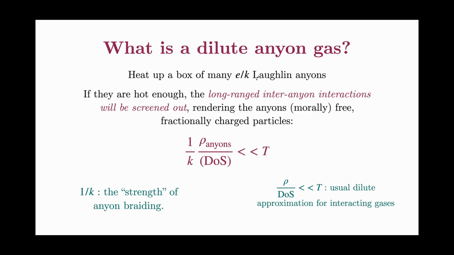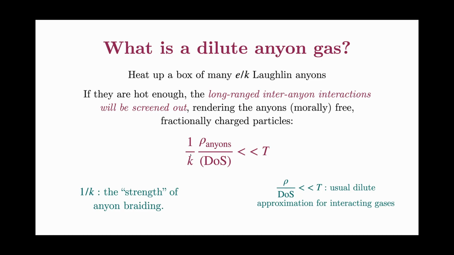And just to make this quantitative, the dilute regime is one where the density of anyons, rho, divided by the anyon density of states, which is dynamical input, normalized by this 1 over k, which you can think of as a coupling constant associated with the anyon exchange statistics, is much, much smaller than temperature.